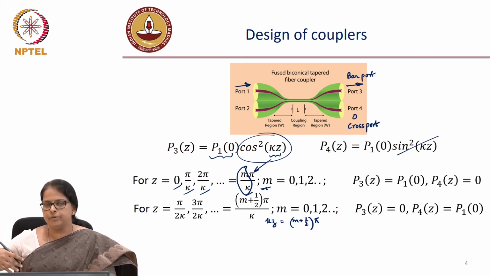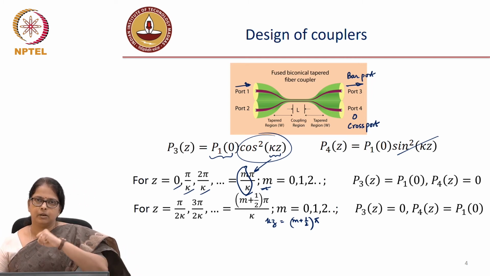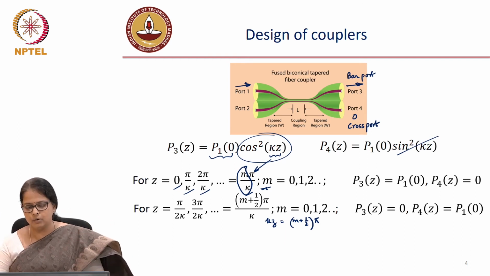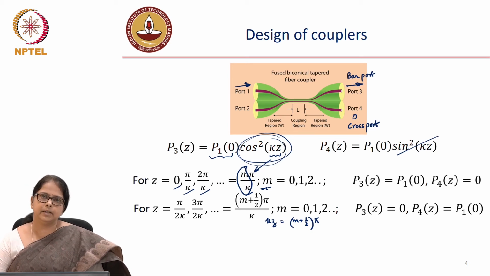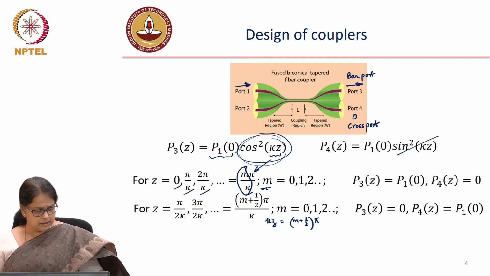Now, what if you want to change the coupling ratio? What if you want, let's say, 10% power in the cross port and 90% power in the bar port? All you need to do is alter the values of cos square kappa Z and sin square kappa Z. That means alter your kappa Z such that you get the desired fraction in either port.